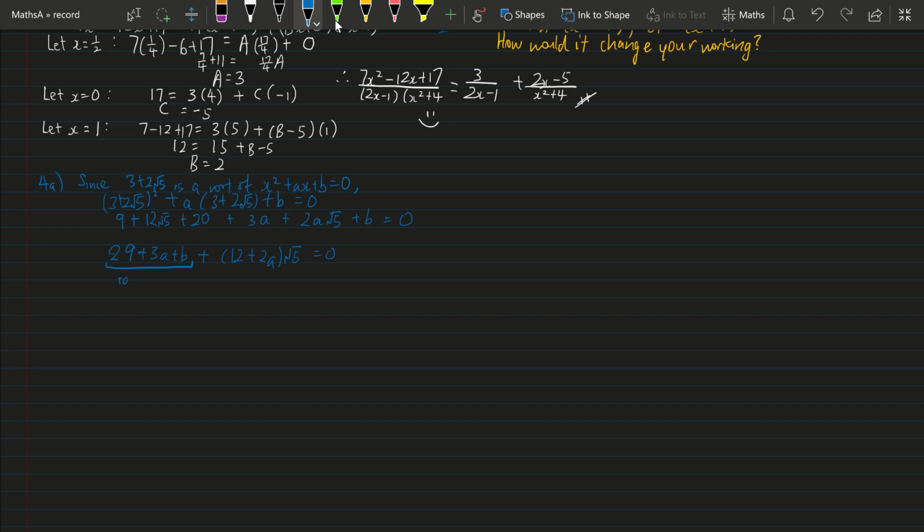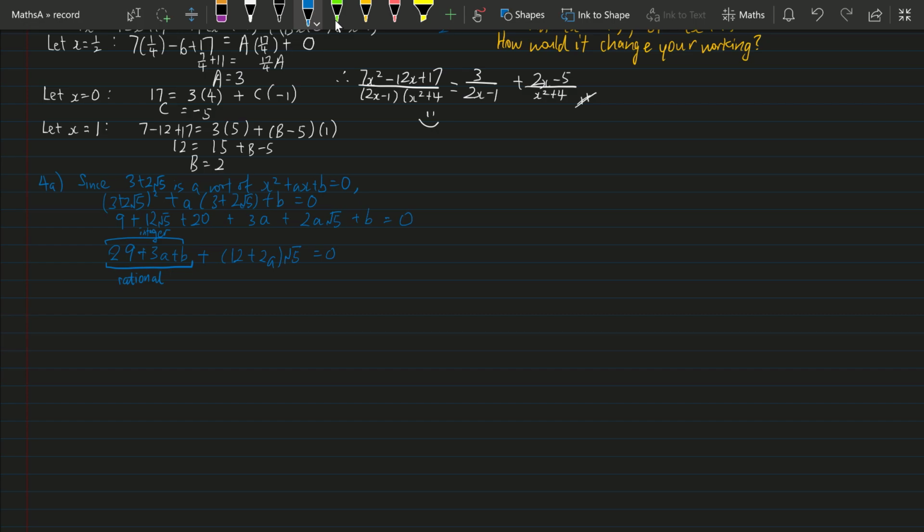It's rational, sorry, because a and b themselves are integers. So integer plus integer is still an integer, and they happen to be rational.